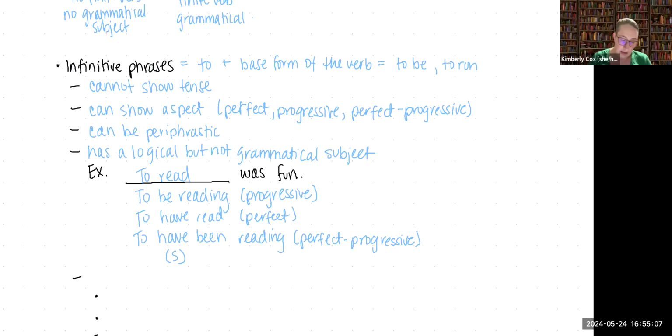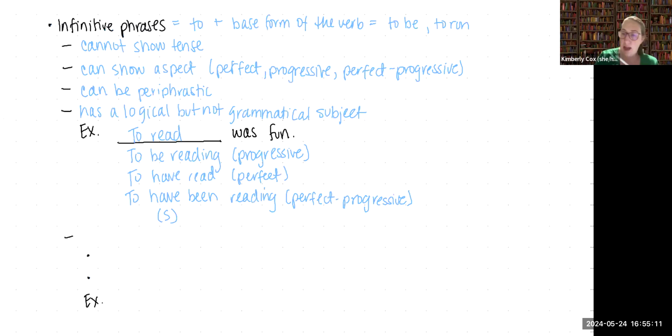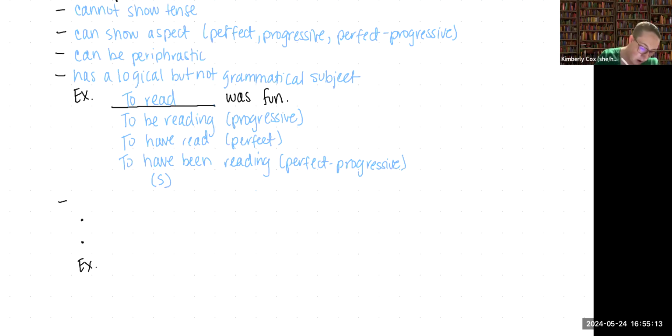Additionally, it is important to be aware that infinitive phrases can also function like adverbials. Okay. Which just means they can function like adverbs. When they do this, they are always adjuncts, which just means always excess, right?